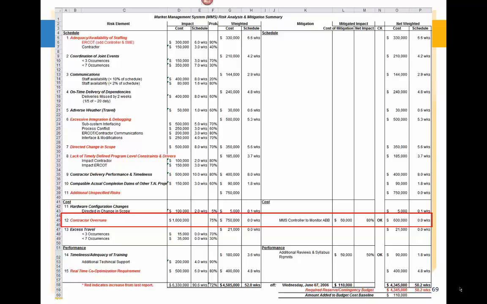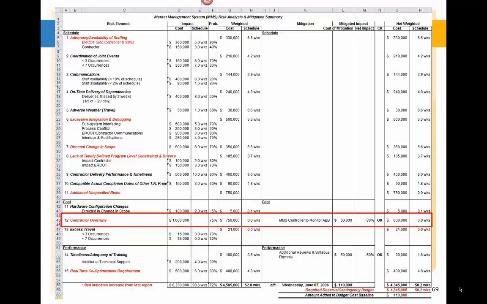And so with the weighted impact, 75% of $1 million, we have a weighted cost impact of $750,000. Since there was no schedule impact, that was still at 0 weeks. Our mitigation was to have a specialist controller monitor one of our subcontractors. To do that, it would cost us $60,000 in labor to pay for that person to perform that service.